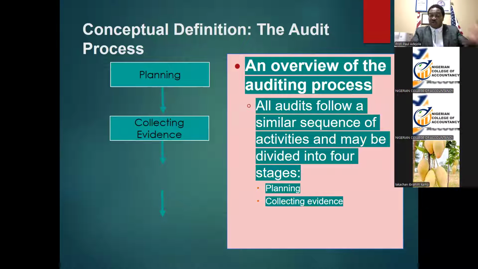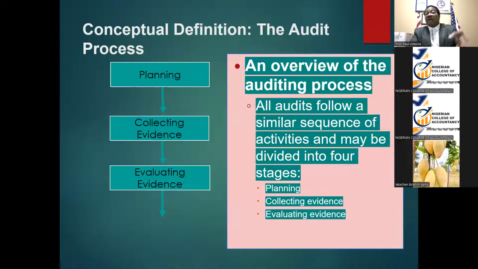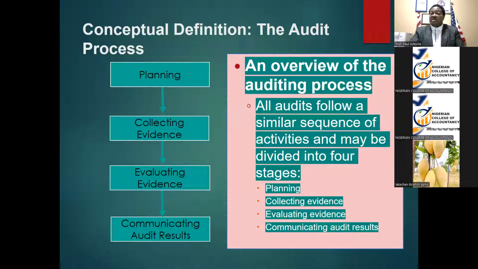And one of the tools of analysis is this IDEA we are going to see shortly. Then, after collecting your evidence, you evaluate the evidence to see whether it is really germane to the opinion you are about to form. Then communicating audit results. That is the last stage.